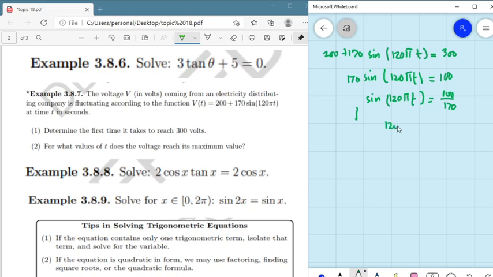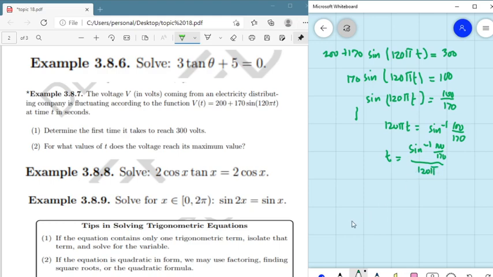And 120 pi t is equal to the inverse function of sine of 100 over 170. And then dividing both sides by 120 pi, t therefore is the inverse function of sine of 100 over 170 all over 120 pi.